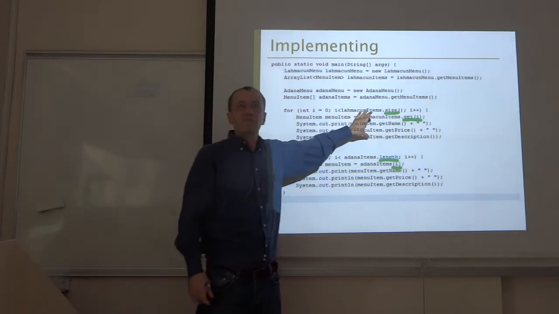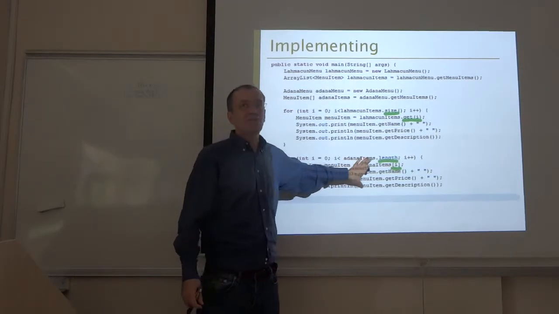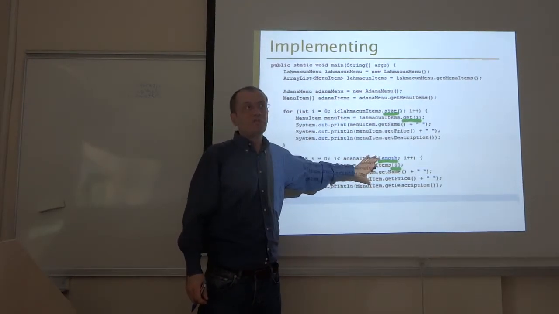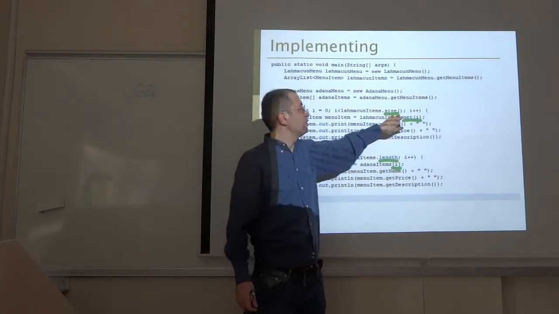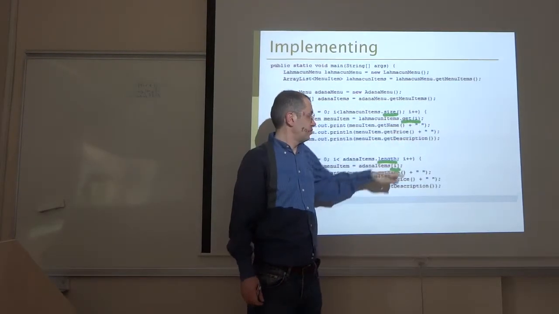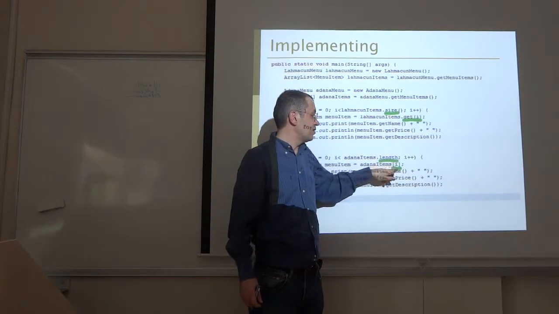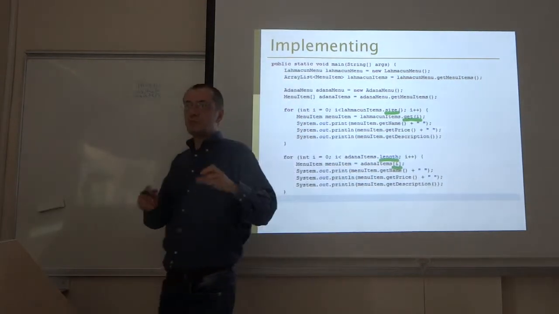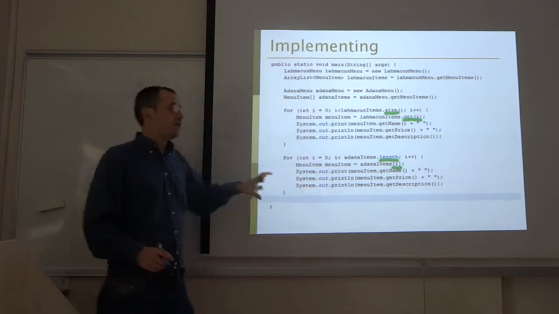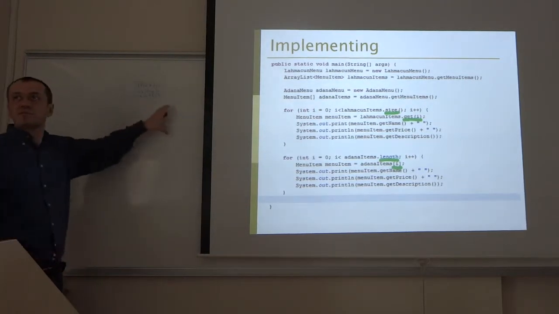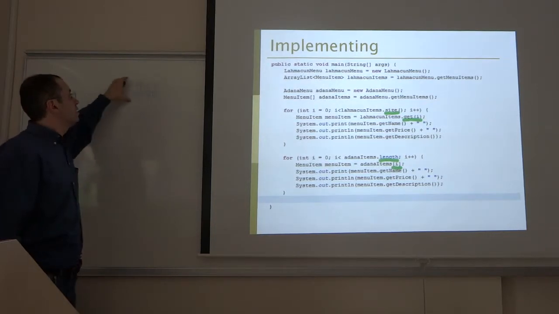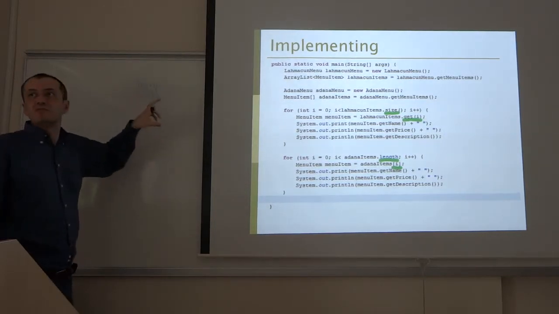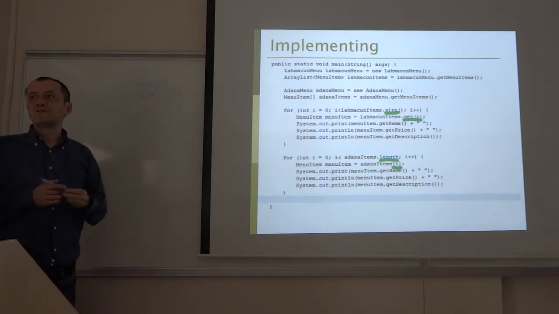One is specifically for this, one is specifically for that. This one works with size and get, this one works with length and brackets. So for those two cases I have two different concrete classes, but I can use the same iterator name to deal with them, so I don't need to change anything.